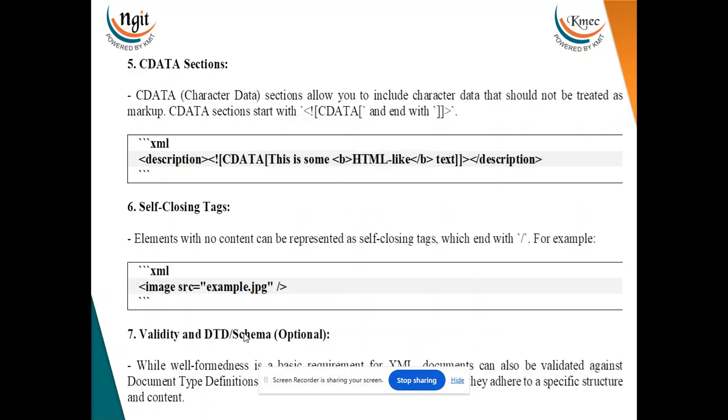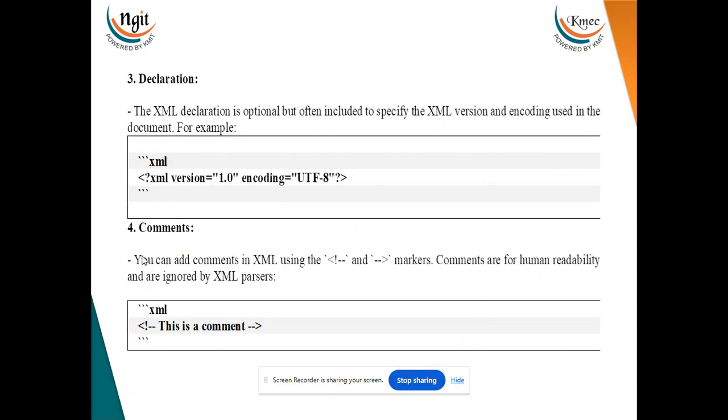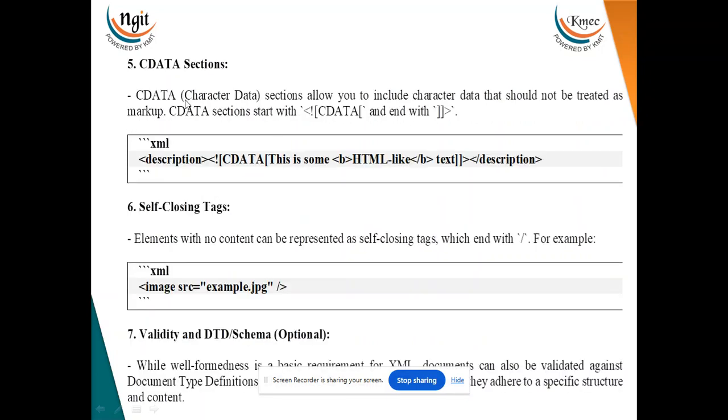A CDATA section is character data, which allows you to include character data, and whatever data we have included here will not be treated as markup. The CDATA section starts with less than symbol, exclamation mark, and CDATA, and then the closing.